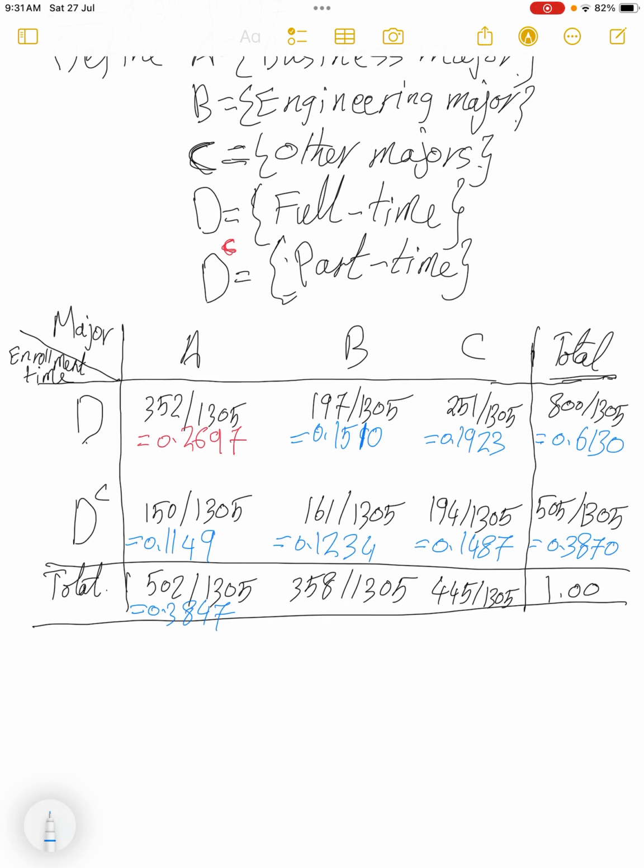And here 358 divided by 1,305 equals 0.2743.